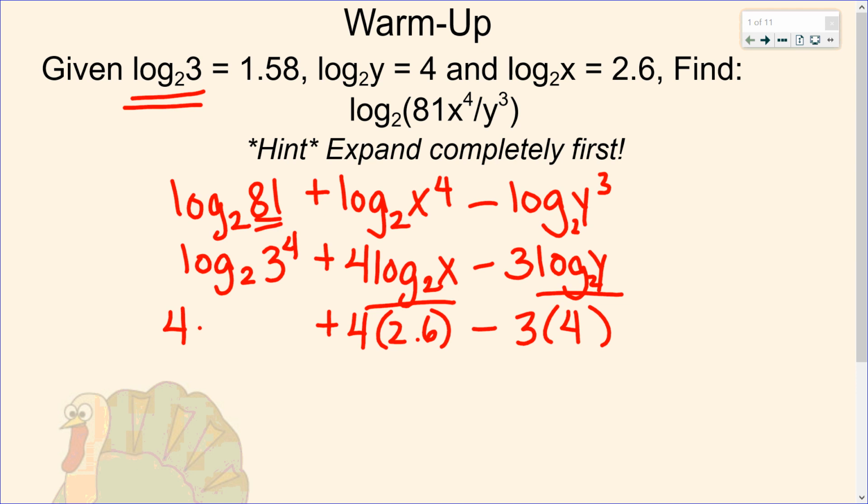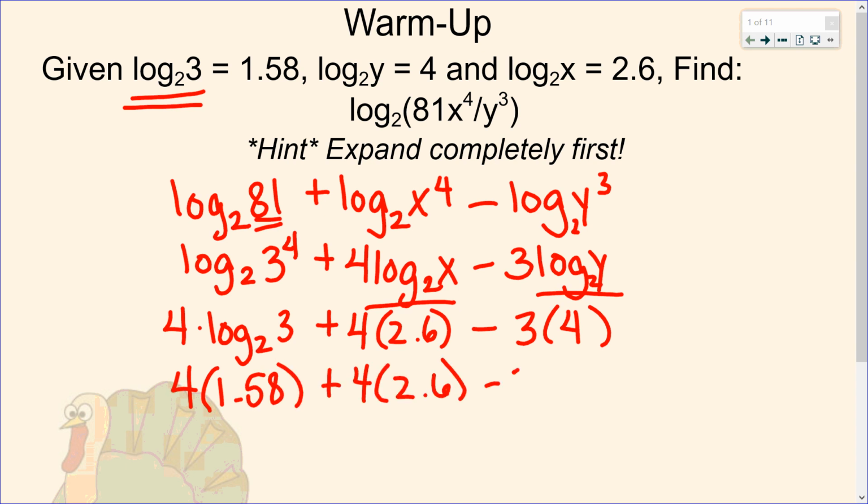So I have 4 times log base 2 of 3. I know what log base 2 of 3 is. It's 1.58. Plus the 4 times 2.6 minus the 3 times 4. Okay, and then I just put all that in my calculator. So I have 4.72.